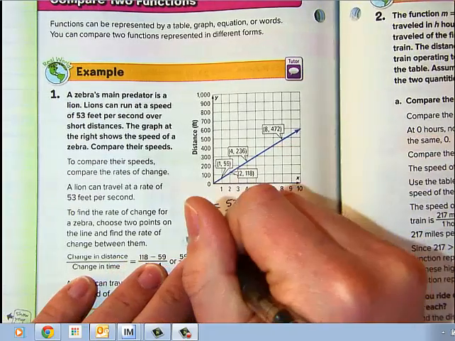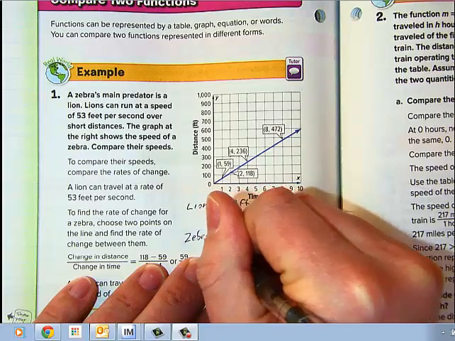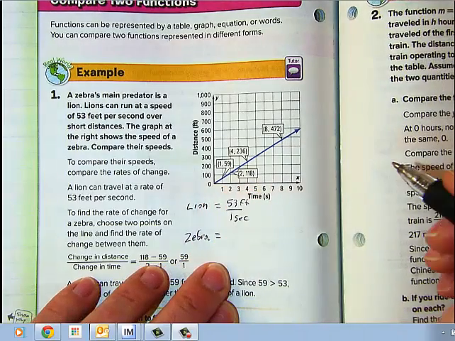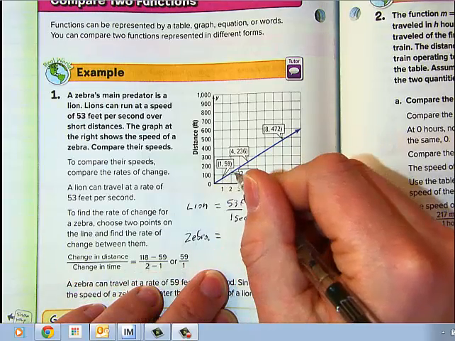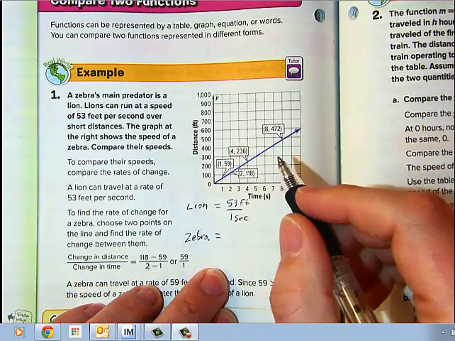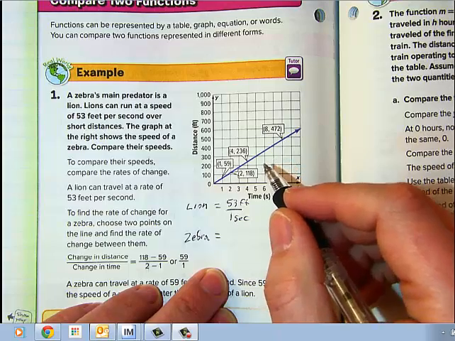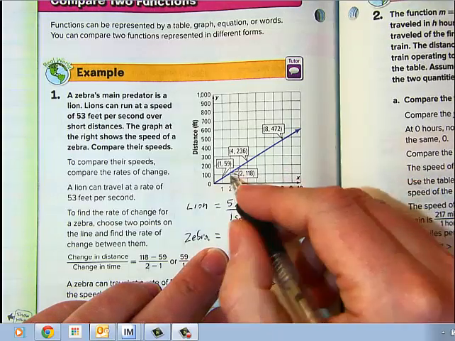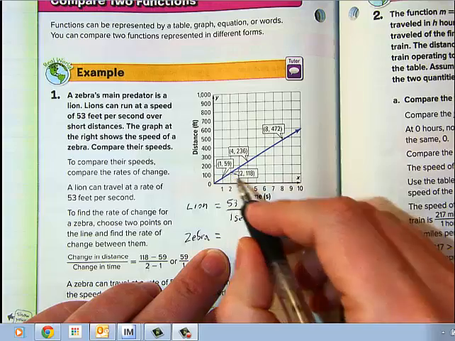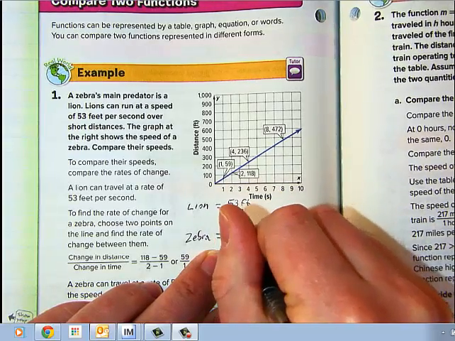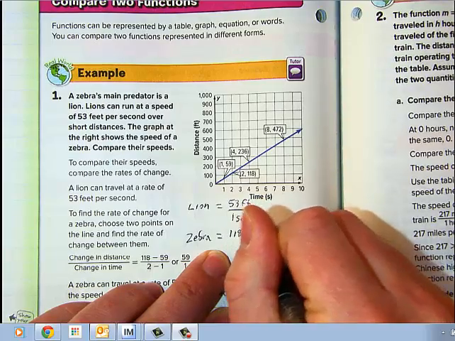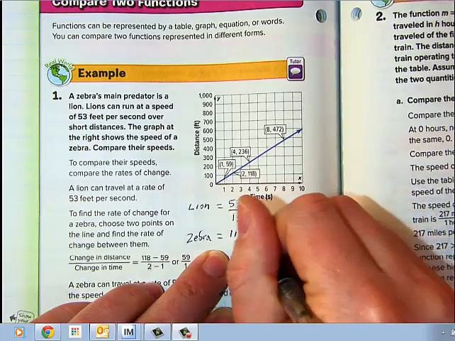So for a zebra, and I would write this in underneath, it says compare using 2 points. So this is kind of where you do the y2 minus y1 over x2 minus x1, where we have a point here, the second point here for the zebra. The y is 118, so it traveled 118 feet in 2 seconds.